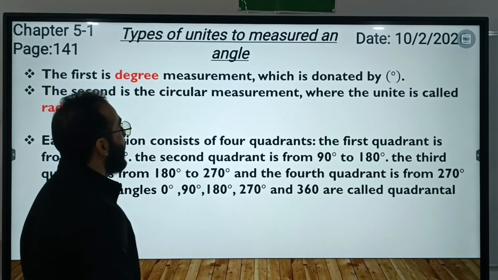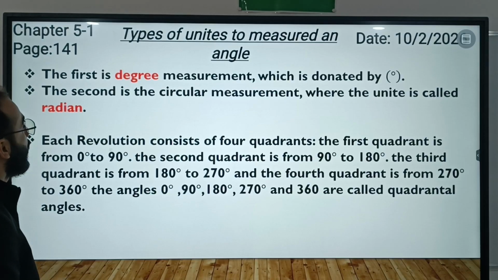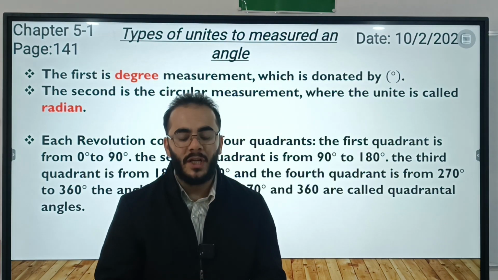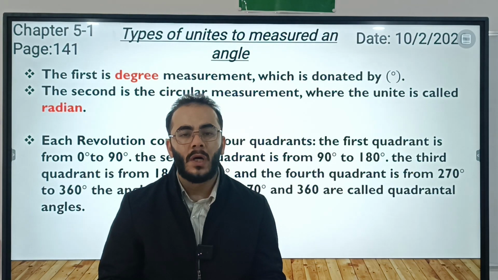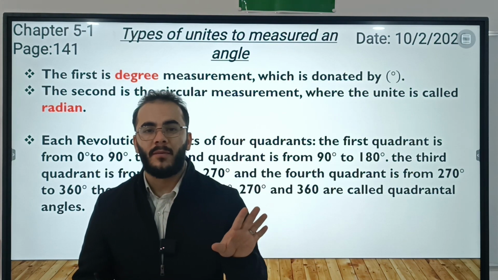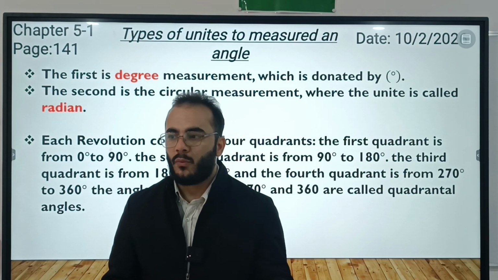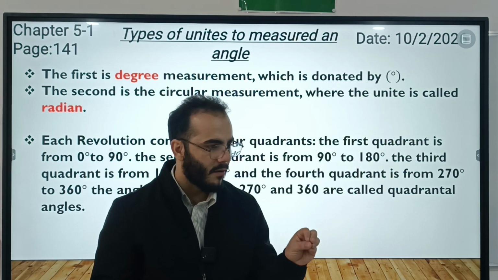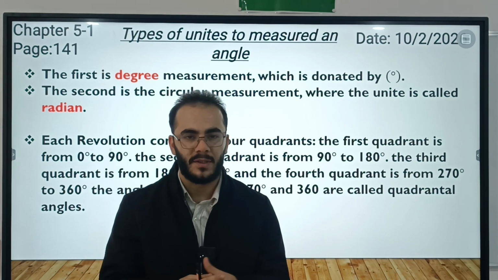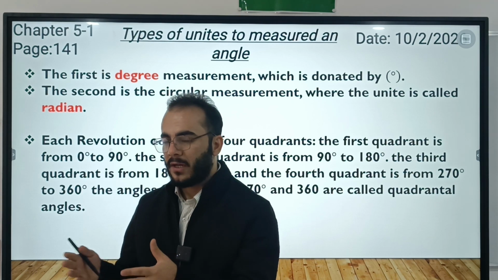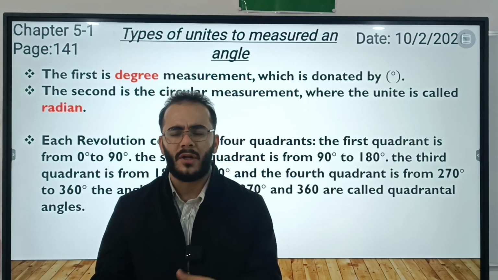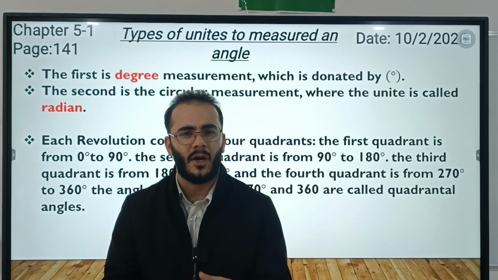The next slide, we have got the units of angle. Well, we can measure angles in two different units. One of them is degree, which we already got familiar with from the previous grades. Whenever the word angle comes, immediately the word degree comes with it, because whenever we measure an angle, we say 25 degrees, 80 degrees, 90 degrees, 180 degrees, and this kind of stuff.